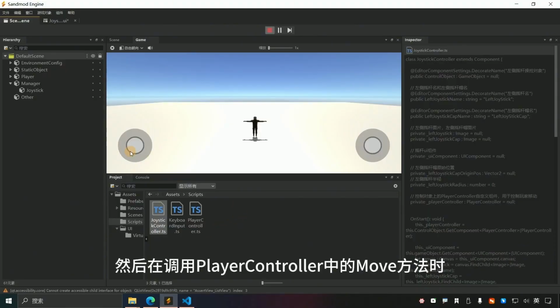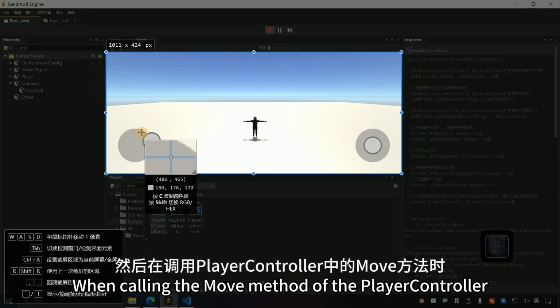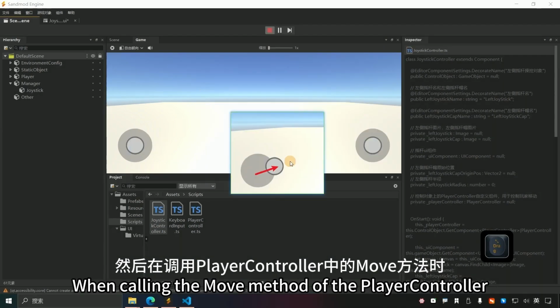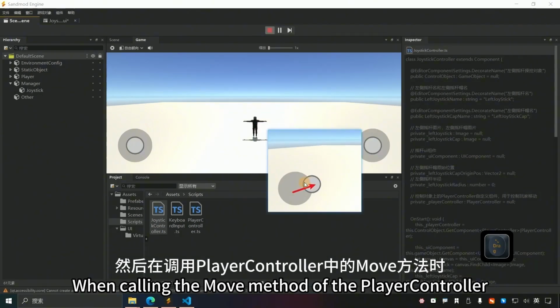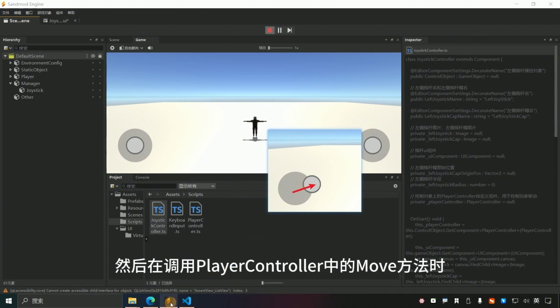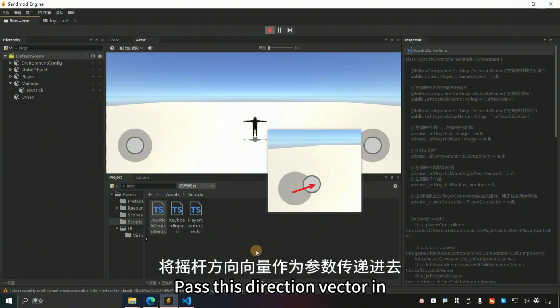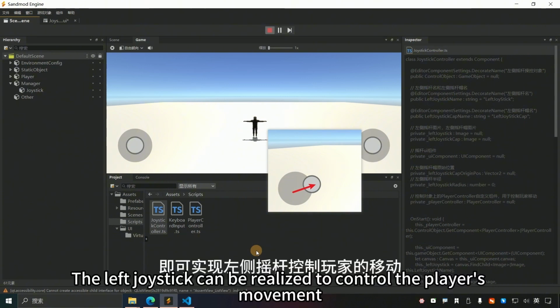Then, when calling the move method of the player controller, pass this direction vector in. The left joystick can then control the player's movement.